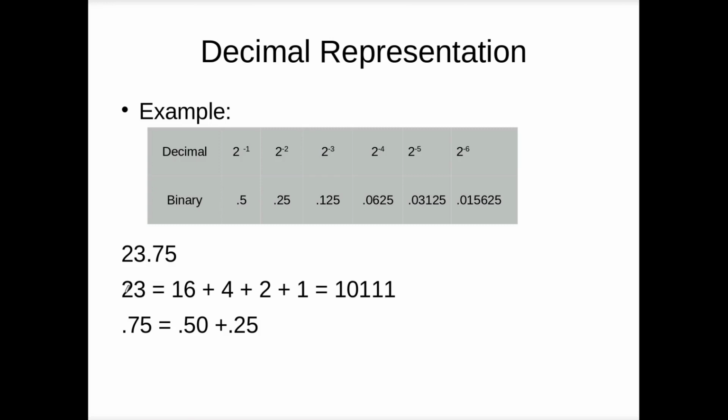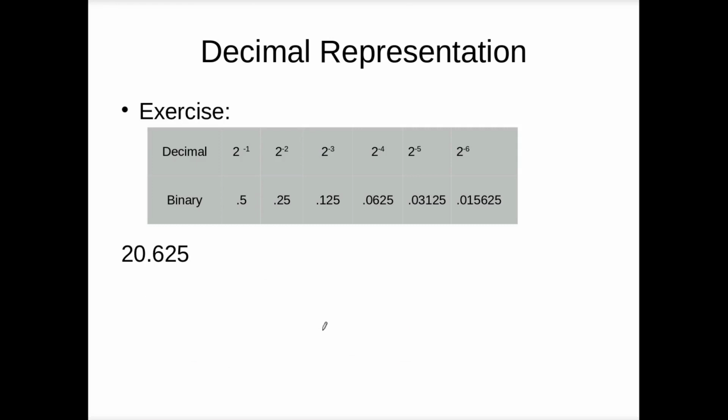First off, I'm going to calculate the 23 portion, and it's going to be represented by this number. And for the 0.75, I'm going to find the biggest number I have here, 0.5, subtract that to get 0.25. And so your number is going to be a 1, 1 here. So this will be represented as 10111.11.